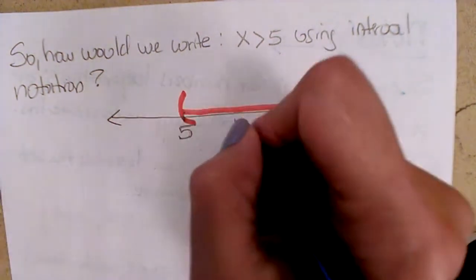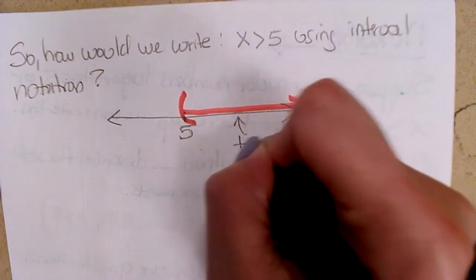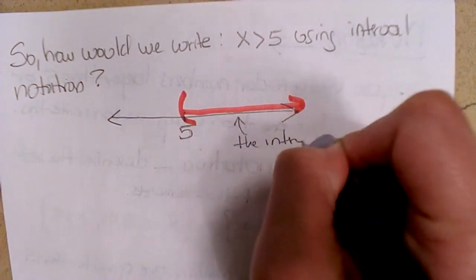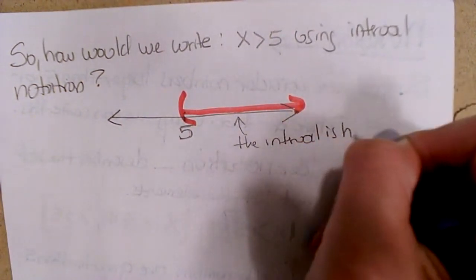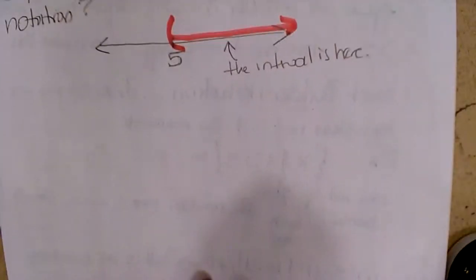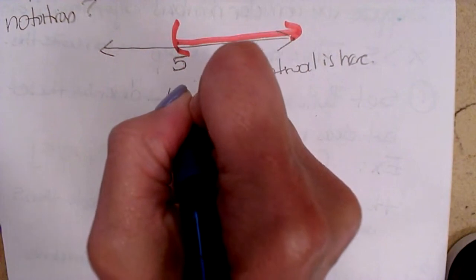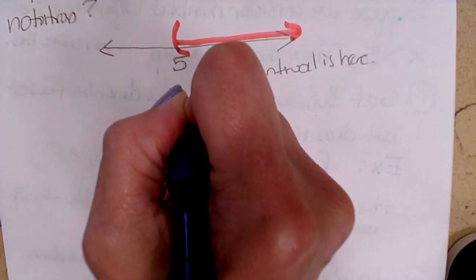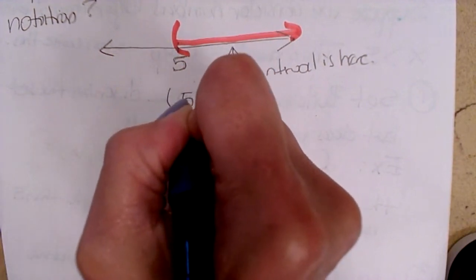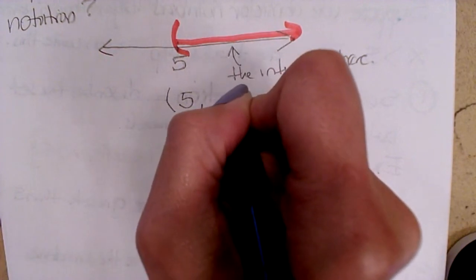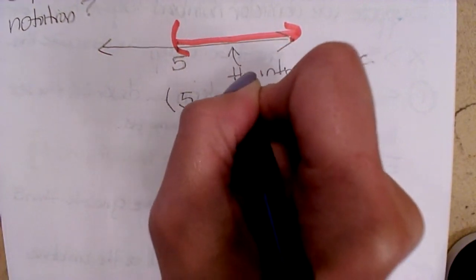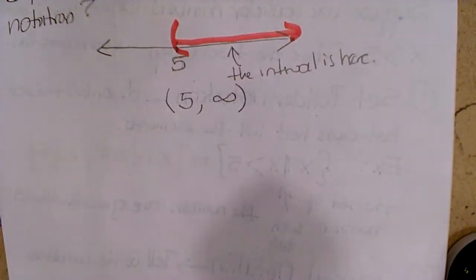Now, the interval is here, right? So we're going to have open, what is going to be the lower bound? It's going to be 5. And the upper bound is going to be infinity. Okay?